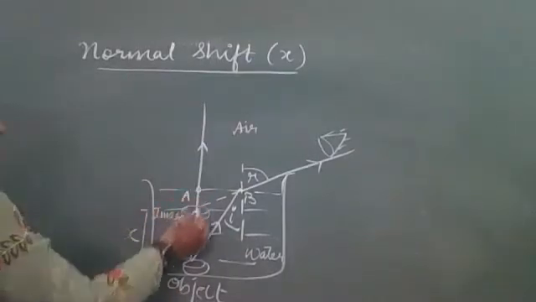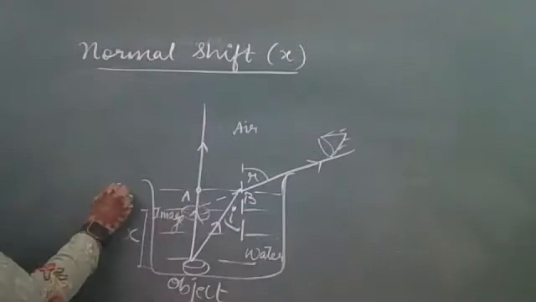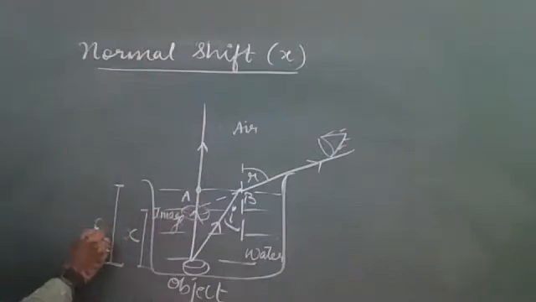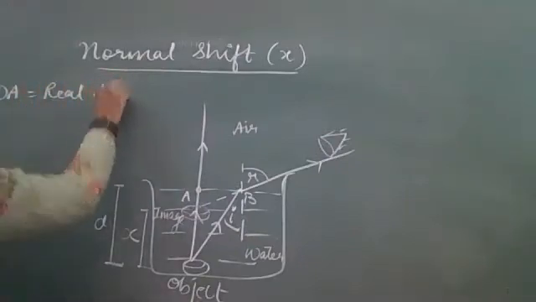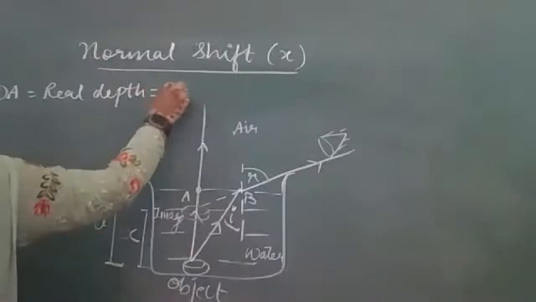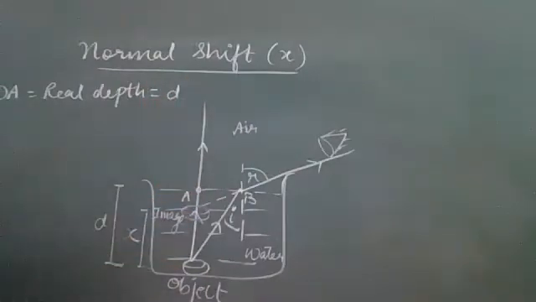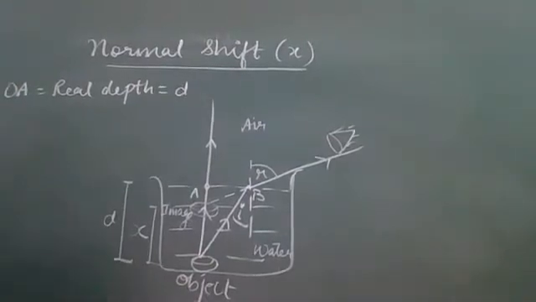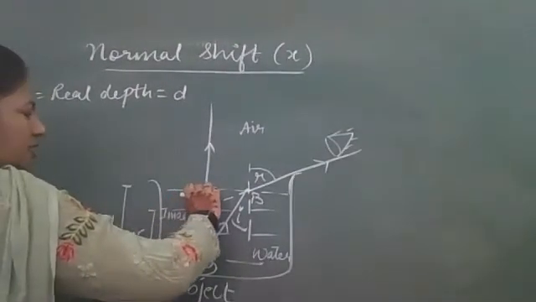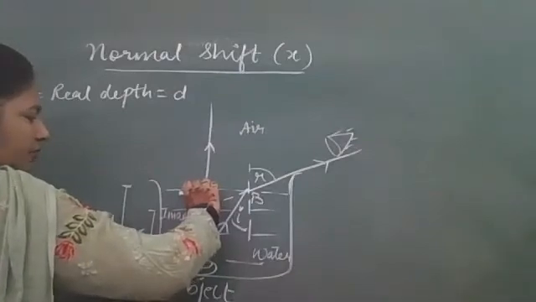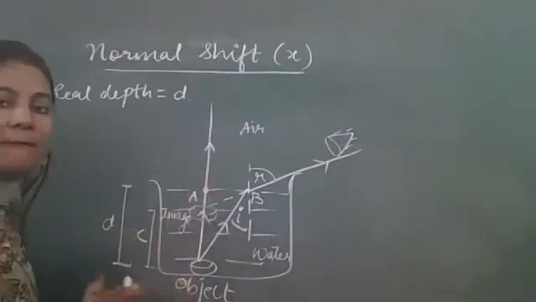Now, what is the distance of the object from the free surface? We call it real depth. OA is the real depth here, and we are taking the symbol D for it. The distance of the object from the free surface is called real depth, OA. And where we can see the image, the distance of the image from the free surface, that is called apparent depth.